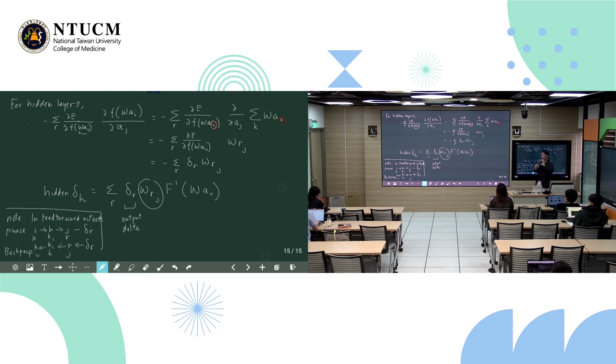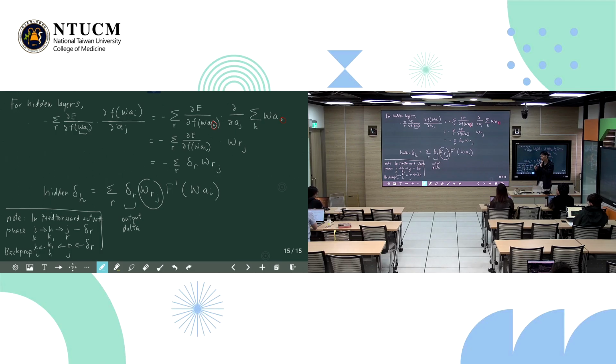I want to know what my delta should be, but I don't have a target to compare with. So I take the amount of delta I caused that final output unit, because I have a particular weight to that unit. I take that delta, then dot product it backwards with the weights I have with that unit, and that is my delta.